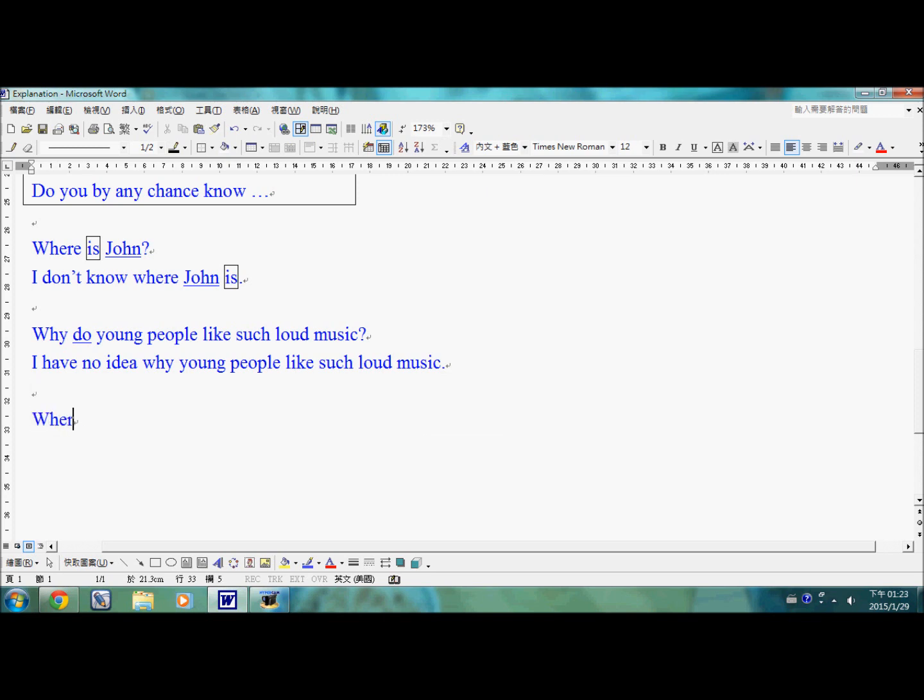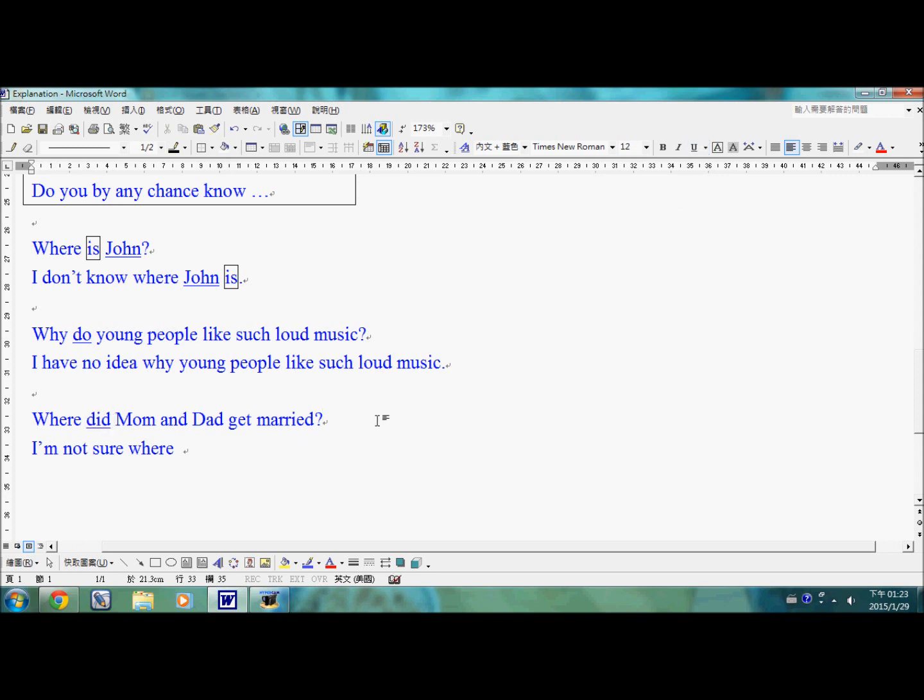Where did mom and dad get married? Okay, that's a question, and I'm not sure. So I will say, I'm not sure where. Okay, see, did is also a helping verb that does not appear in statements.